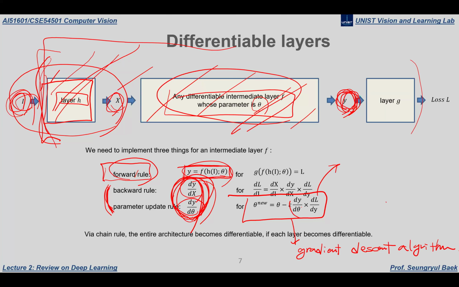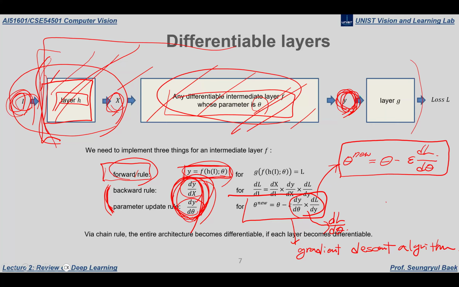Via the chain rule, this is denoting dL over d theta, not dy. If I rewrite this, this is describing how our parameters have to be updated.